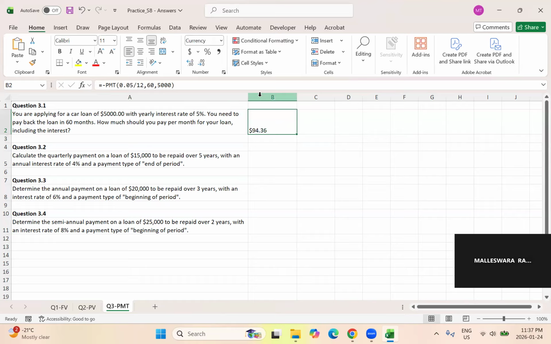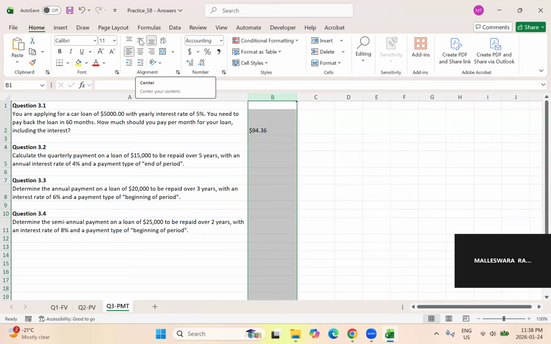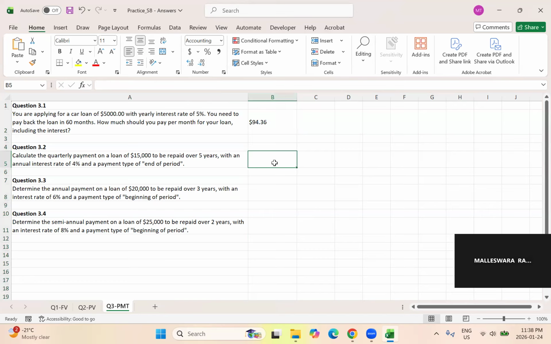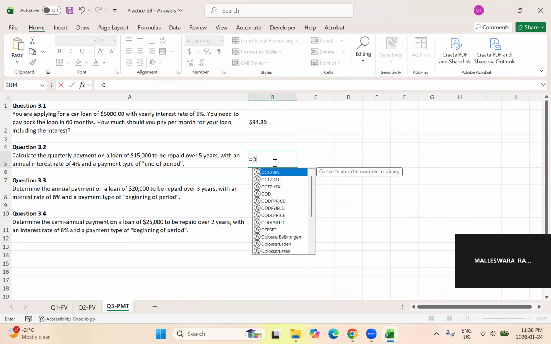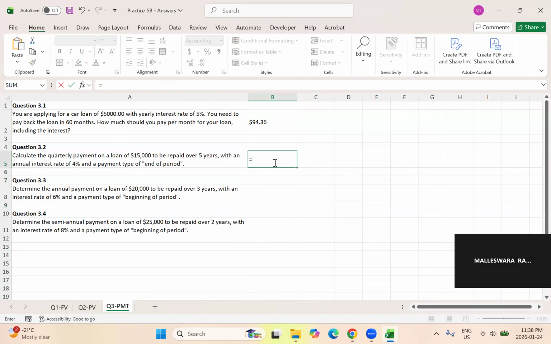So I will just put all of them to go in the middle. So go here equal to calculate the quarterly payment PMT function quarterly, right? So 0.04 is interest rate divided by 4.